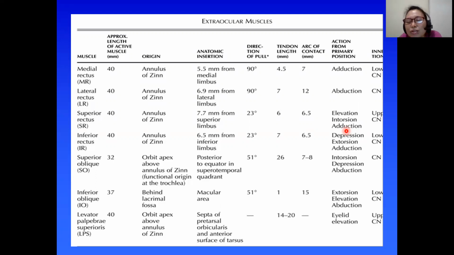If your medial rectus is paralyzed, what will be the tropia now? Exotropia, the eye will abduct.